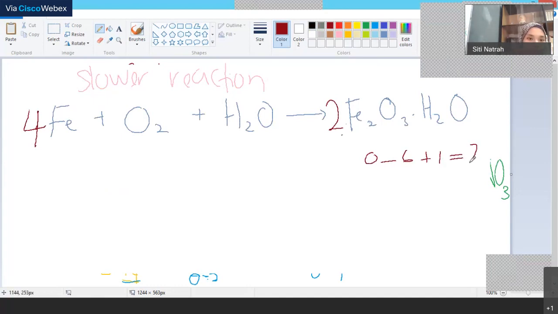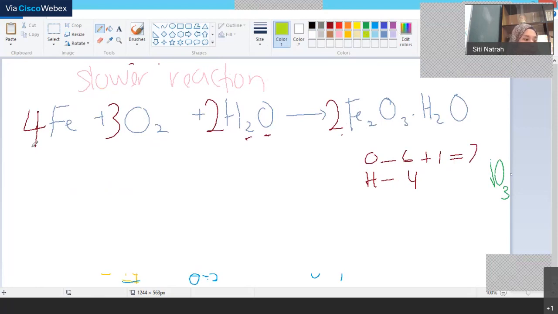So then I will put 3 here: 3 times 2, 6, and then I have 1 here, 7. And how about hydrogen? I have 4, right? So hydrogen, I have 4 here, so now I have to put 2. So 4Fe, 3O2, 2H2O, and then we can produce 2Fe2O3.H2O. Okay, this one is iron rusting.